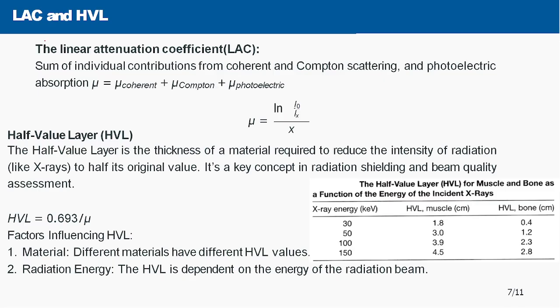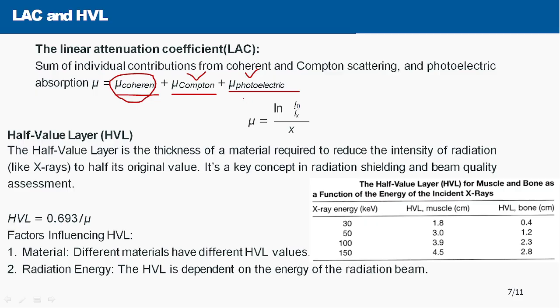So now, what is LAC? As we have discussed, it is the linear attenuation coefficient, and this effect is a combination of mu coherent, mu Compton and mu photoelectric. Basically these two have a significant role, and this one adds a very small amount of attenuation.